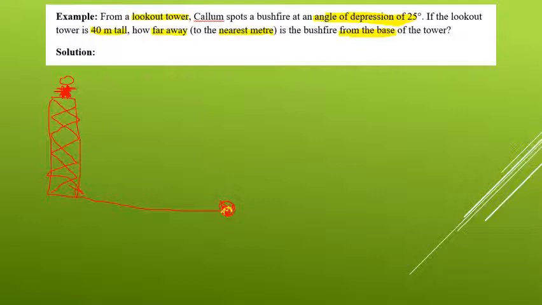Okay, Callum's spotted this fire, and so the direct line from Callum to the fire is this, but his angle of depression, you need to look out horizontally first. Like that. And the angle of depression is the angle down from the horizontal to that line of sight, which is 25 degrees.